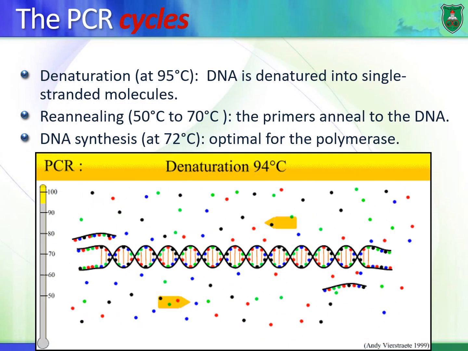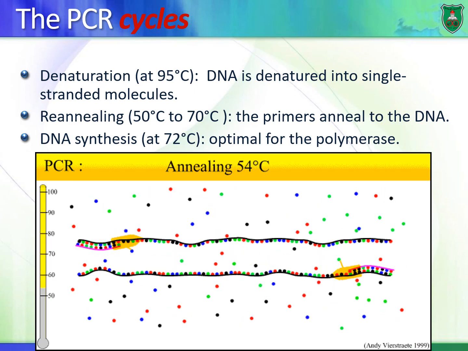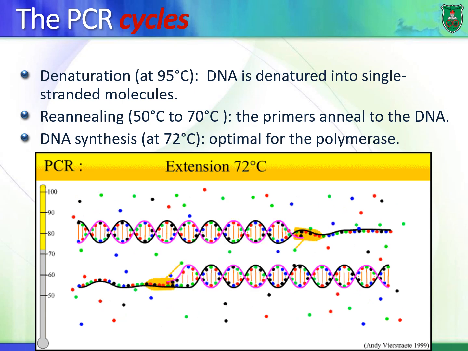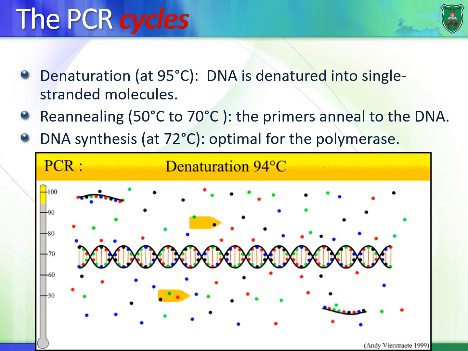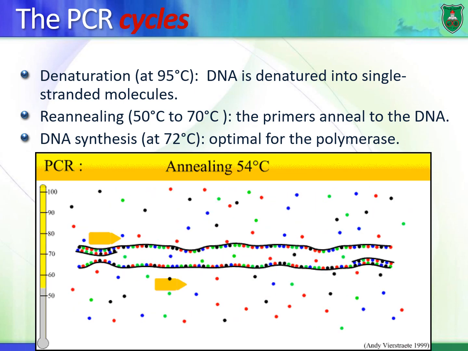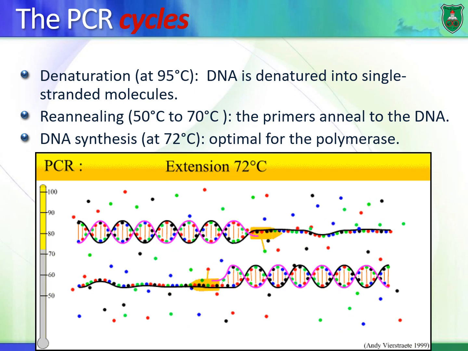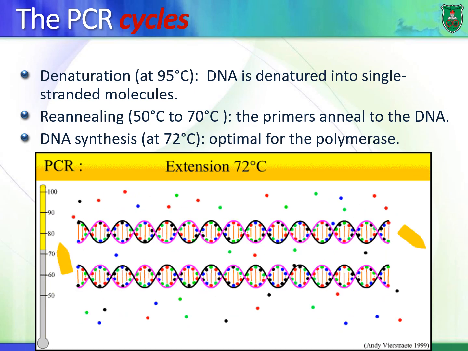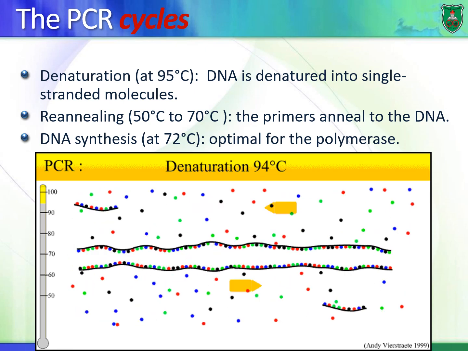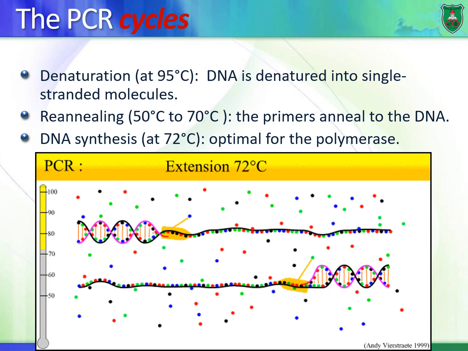Okay, so the idea here is that the PCR reaction is made of cycles, and the number of cycles is about 25 to 30 cycles. Each cycle is composed of 3 steps. The first is a denaturation step, in which we have separation of the 2 strands from each other, so we break up these strands.